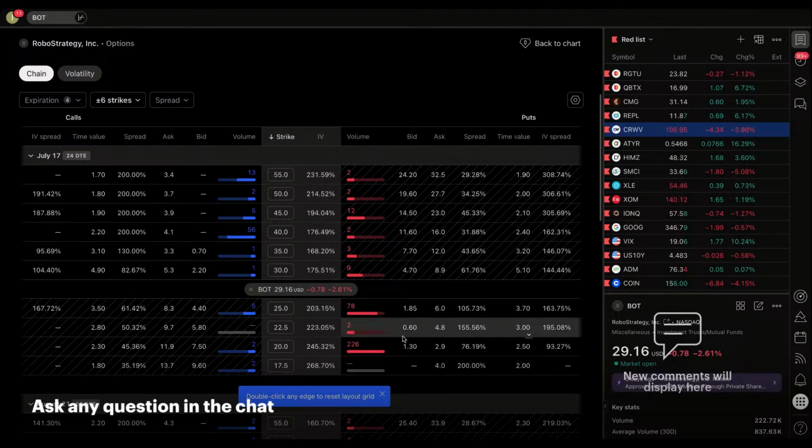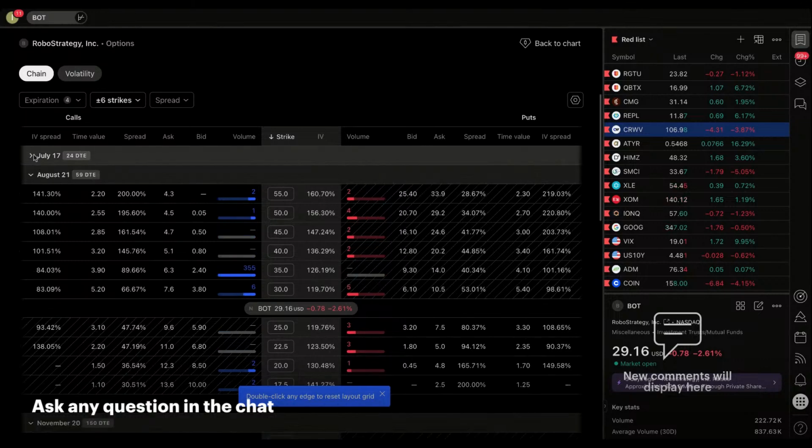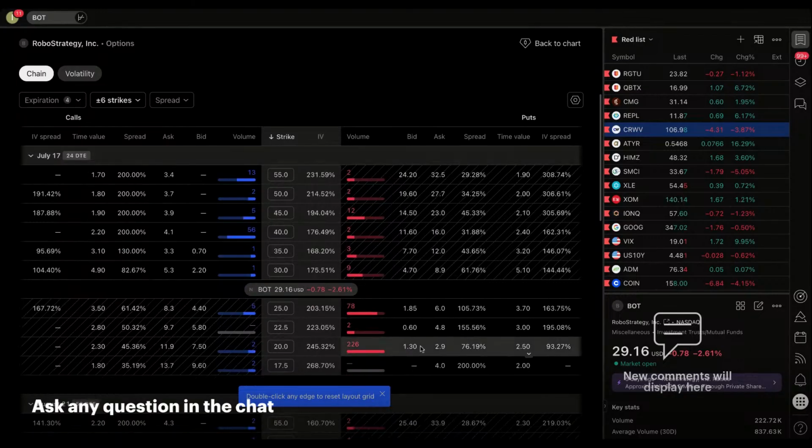Thank you, Luca. Yeah, so by the way, look at this. Look at this bid here at 20. It's like more than 5%, 7% in 24 days. Yeah, that's very interesting. Okay. Good thing is a lot of people don't understand RoboStrategy, still are willing to pay a lot of money for options.